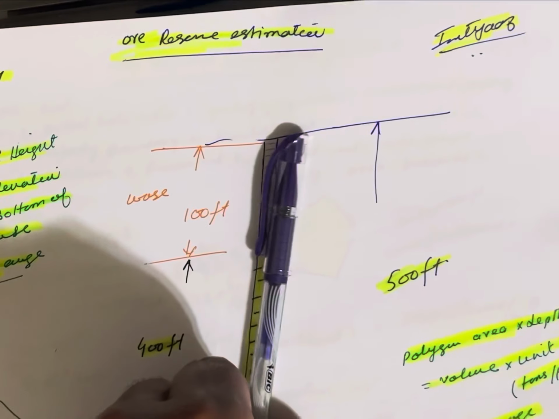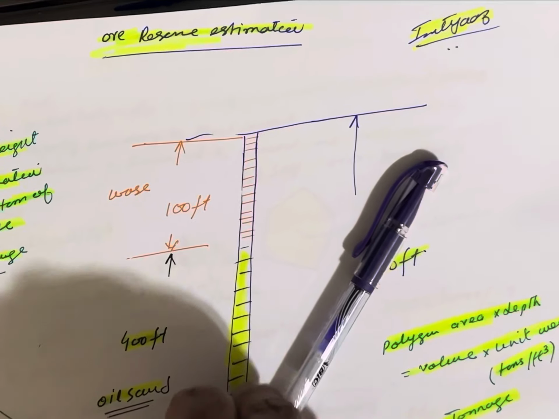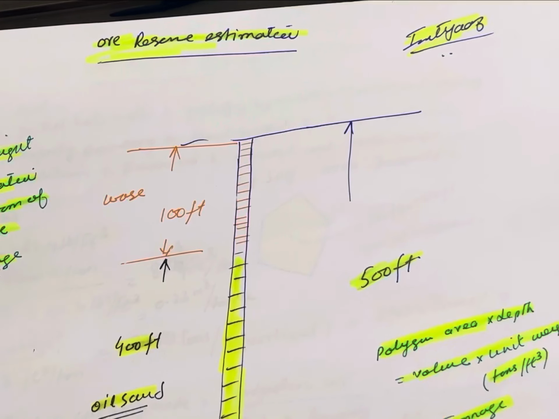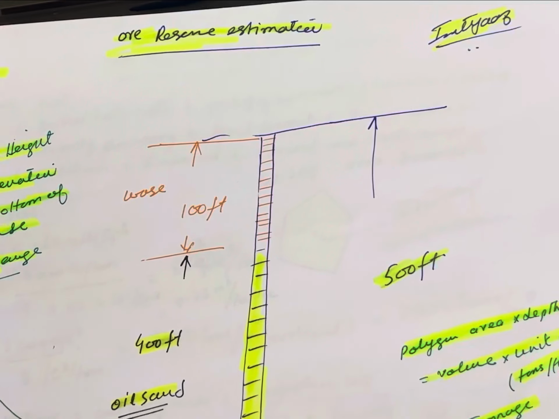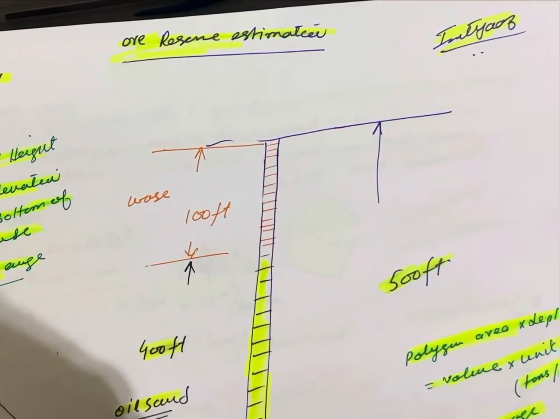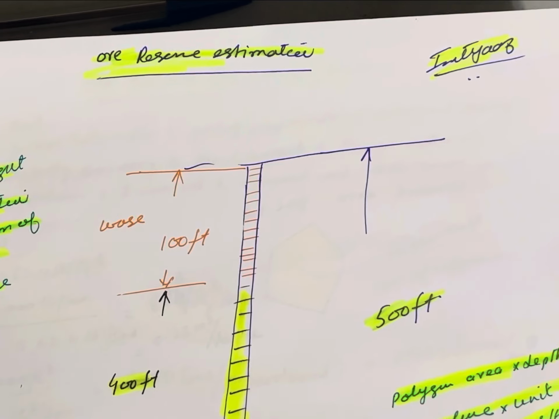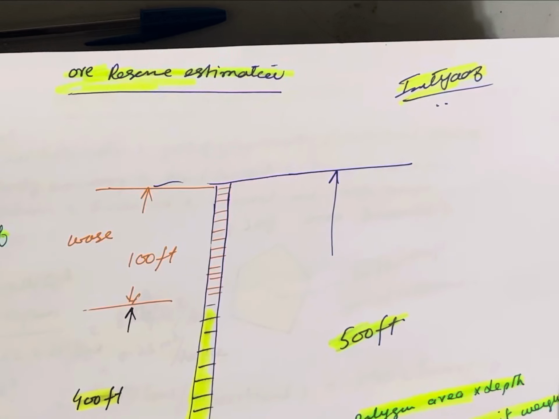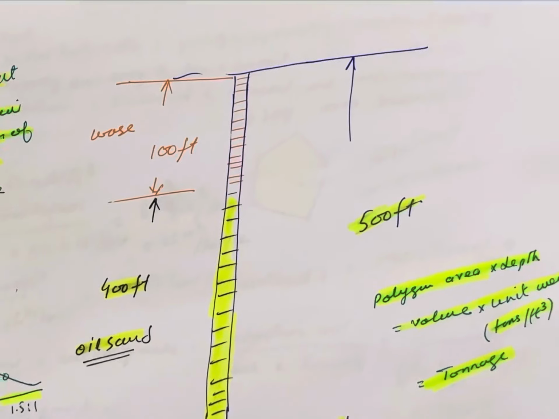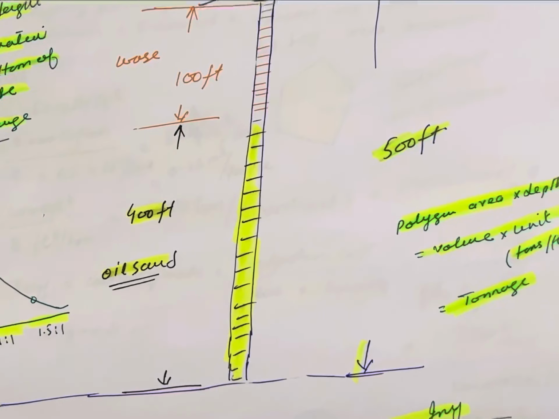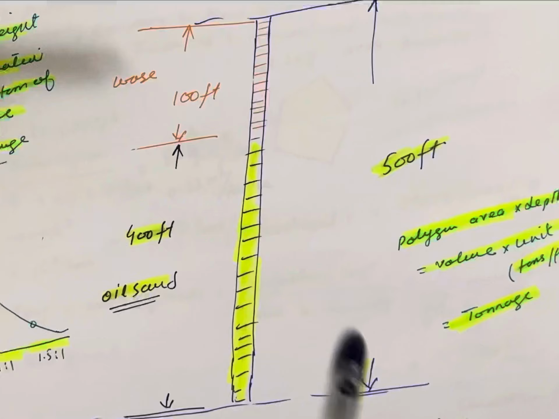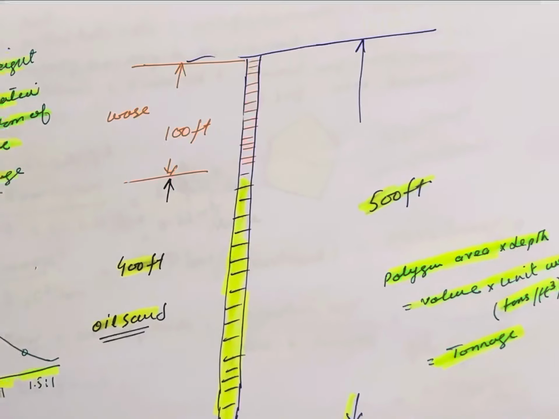So this will be directly proportional to the elevation, the difference in elevation to the economic bottom of the pit. This difference in elevation is actually the slope, which provides the final slope angle. This is usually 1.5 to 1, or 1 to 1. So the height to elevation ratio gives you the slope angle.